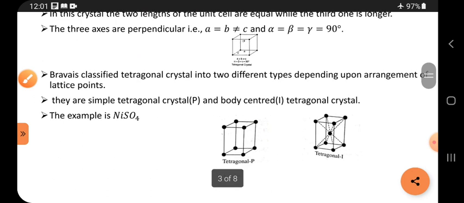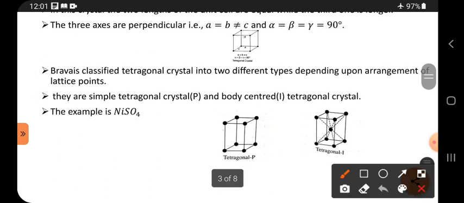And what did Bravais do? Bravais classified the tetragonal crystal into two different types depending upon the arrangement of lattice points.